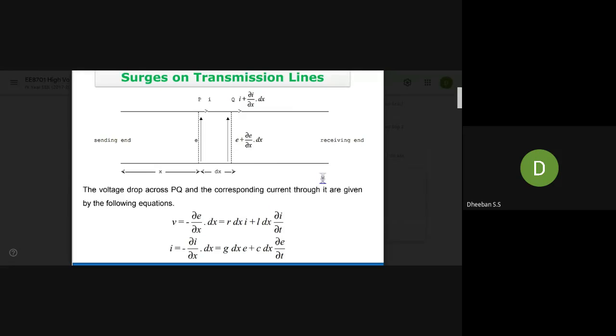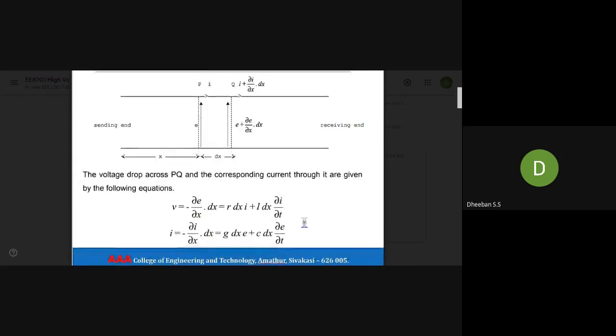For example, if the resistance for 1 kilometer is 5 ohm, then for 5 kilometers your resistance will be 25 ohm. Similarly, you have to multiply with the distance. The same thing you have learned.